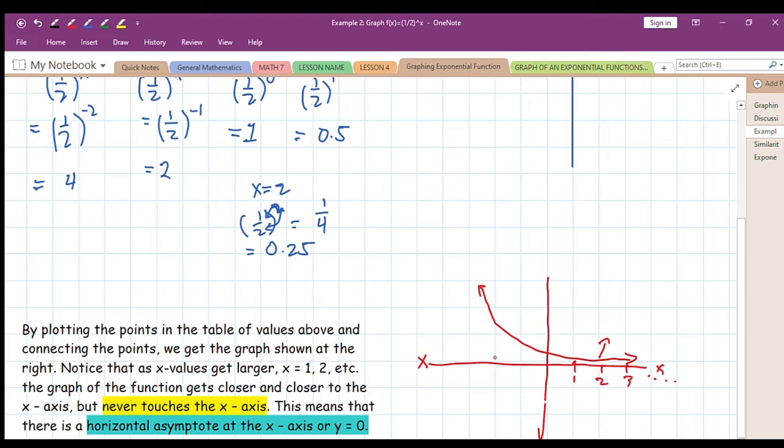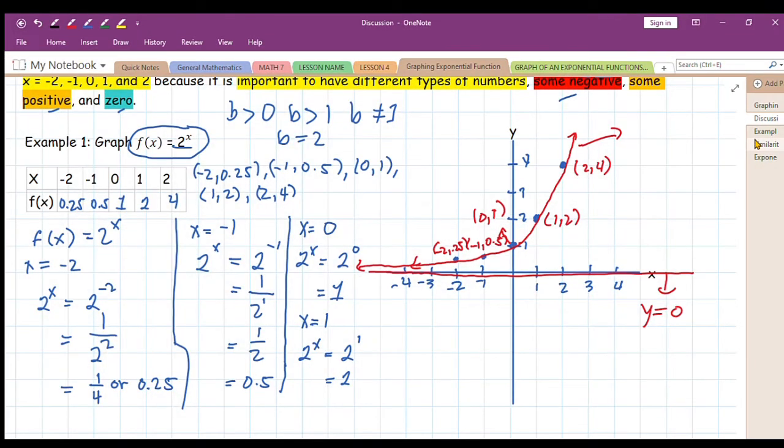So that means our horizontal asymptote here is the x-axis, or y is equal to 0. So that will be our HA, or horizontal asymptote.